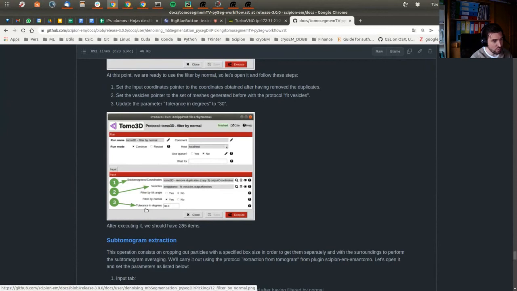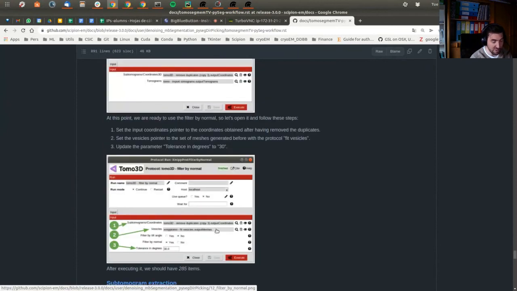Here we found a problem: this protocol requires an object that we don't have, the so-called output meshes, which is a set of meshes. To generate it is very, very easy.